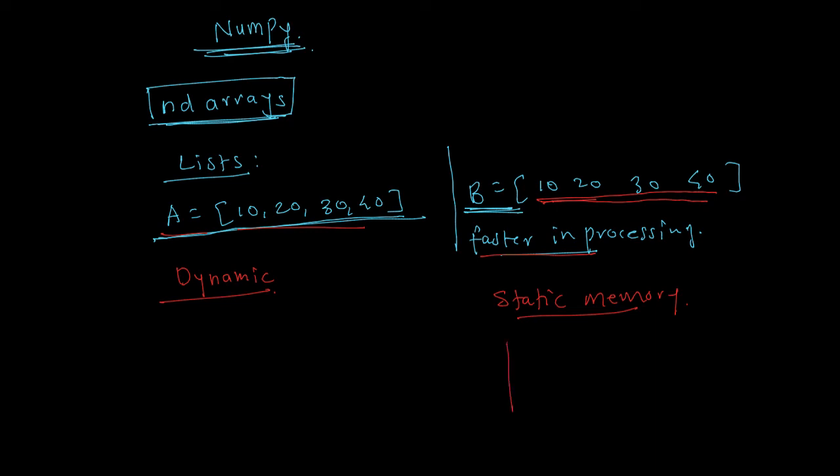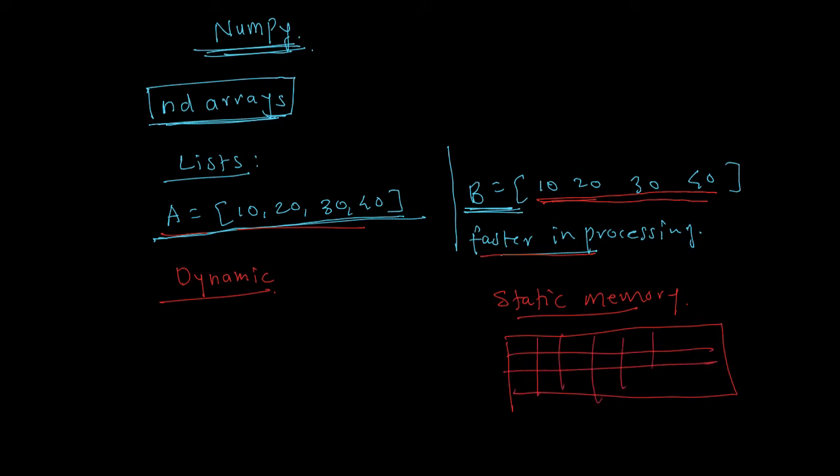For example, if this is your RAM and these are the locations in the RAM, so this array is stored in contiguous memory locations. Maybe let's say starting from this memory location, 10, 20, 30, 40.